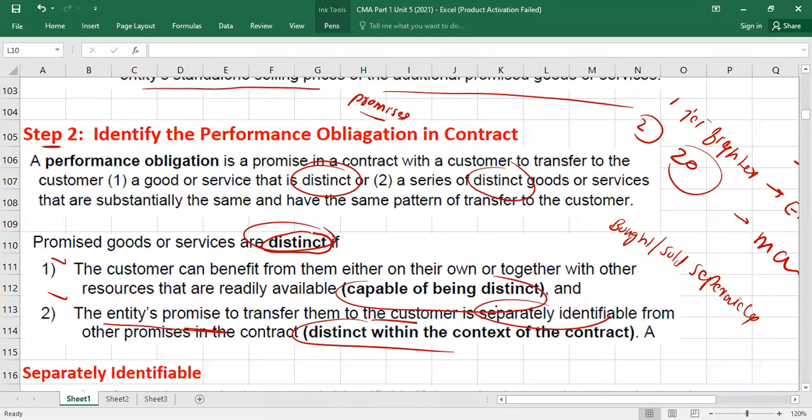I'm going to answer. If it is capable of being distinct, it could be bought or sold separately. As I told you, it is technical, so I will give you an example and you will understand.